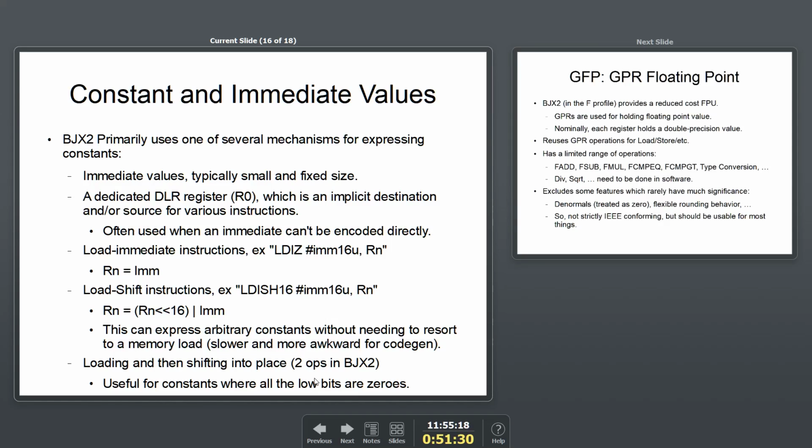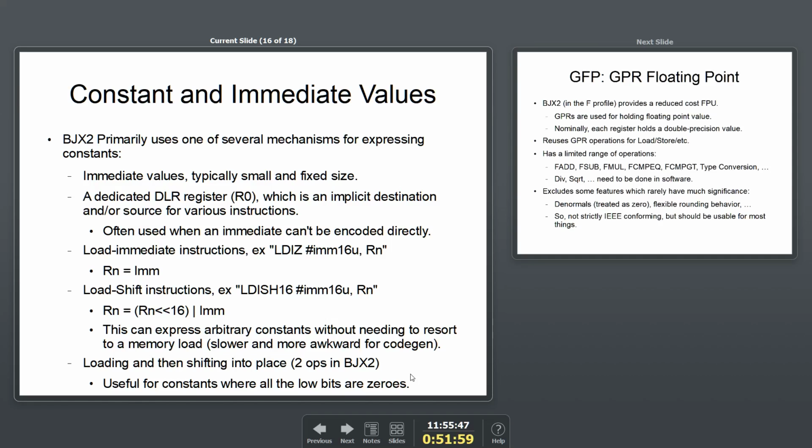So for example, if you're loading a double precision value, in many cases, since most of the low order bits are zeros, you could use a narrower constant, say 12 or 16 or 24 bits depending on what's available, and then shift it all into position via another instruction.